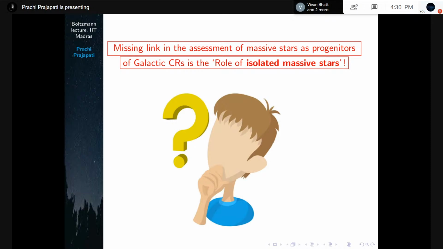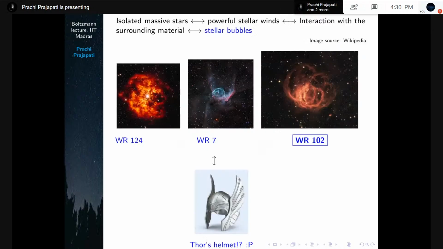That is also dependent on observational constraints, because massive stars, based on their initial properties, are very rare compared to sun-like stars, and they evolve very rapidly, and therefore it's difficult to get good samples of massive stars to study.